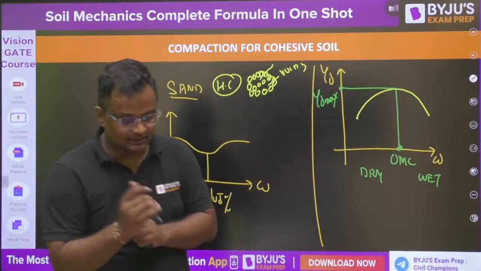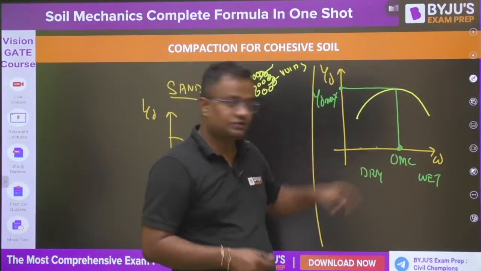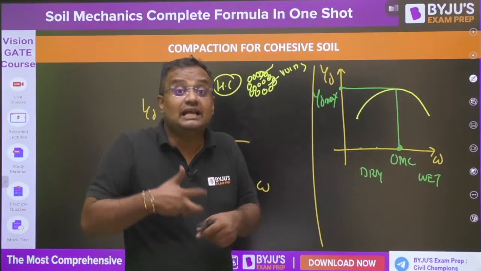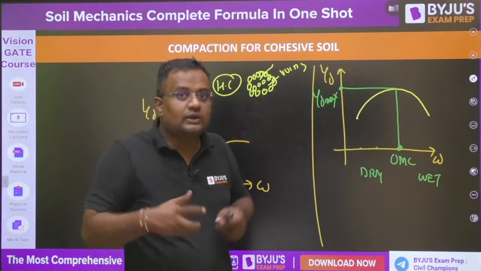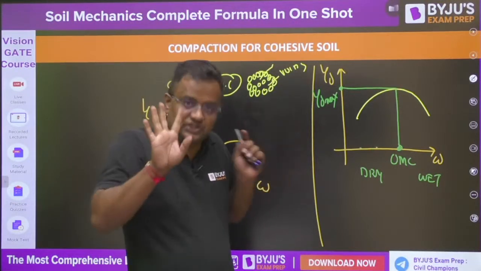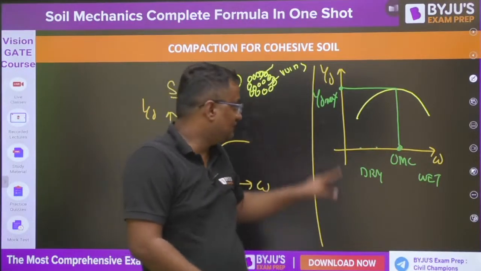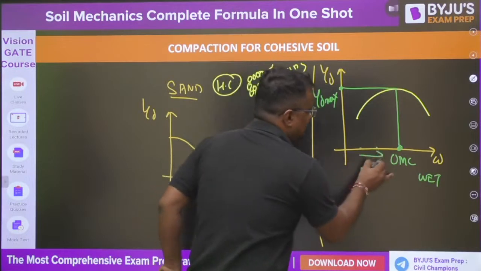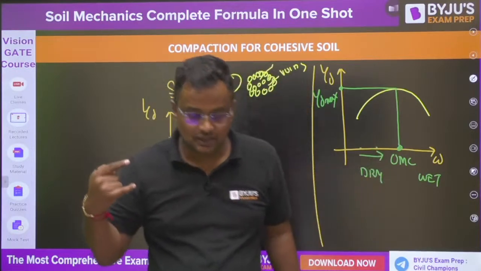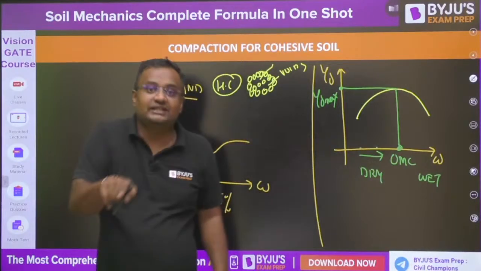Guys, initially when you add water to the soil, it acts like a lubricant. When you apply the load, lubrication decreases the friction, which means it can be compacted easily. So as water content increases, lubricant is increasing, which means friction is decreasing.